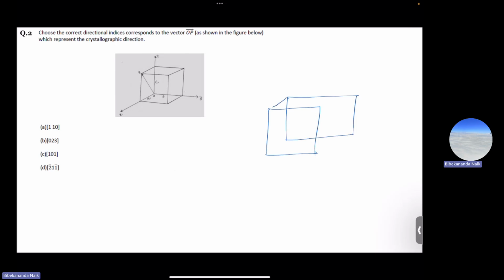This is X, this is Y, this is Z. This is O, this is P, this is A, this is B, and this is C. You need to find the correct directional indices of this vector OP, that is, the projection in terms of the unit vectors. I'll give you a few minutes to try this question and then I will discuss.